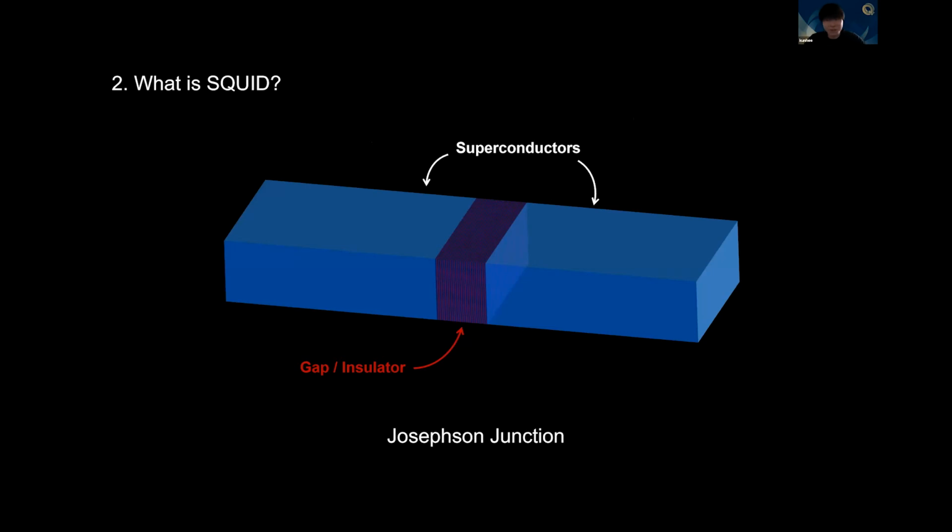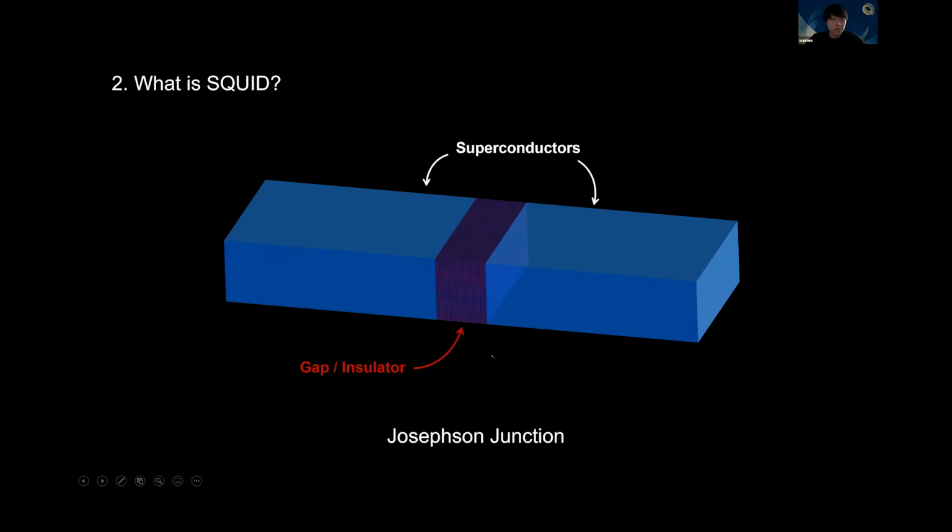So now we're getting closer to a SQUID, but first I have to talk about the Josephson junction. As Fernando introduced, it is just a sandwich of two superconductors sandwiching a gap or insulator, which is a non-superconducting material.